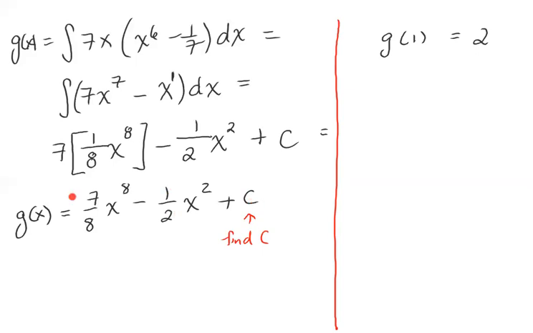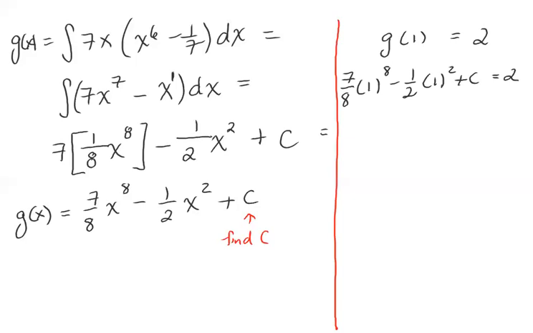So I can use that to find g of 1. g of 1 is 7/8 times 1 to the 8th power minus 1/2 times 1 squared plus c. And that all should be equal to 2.